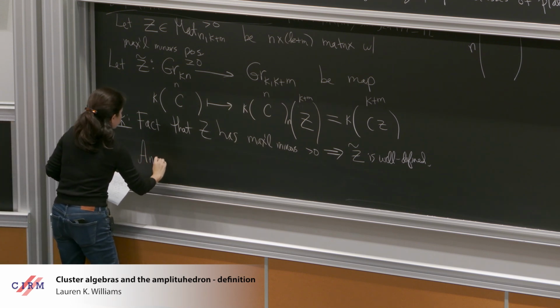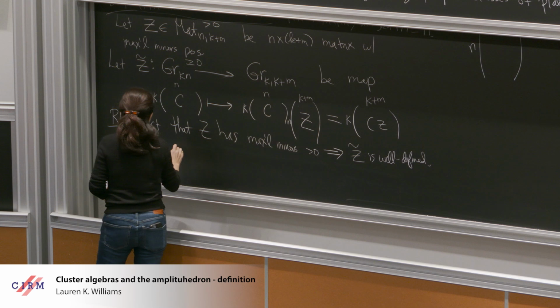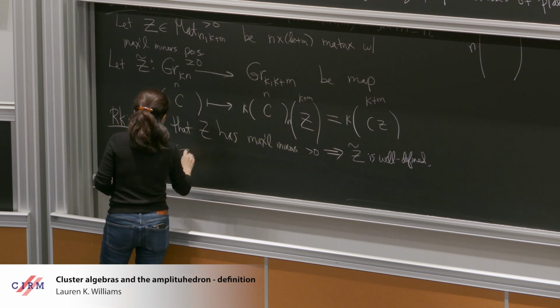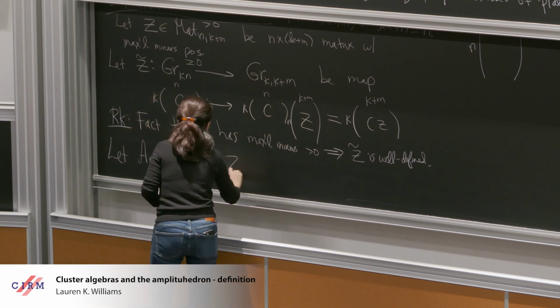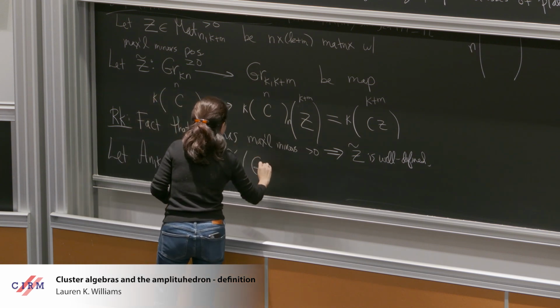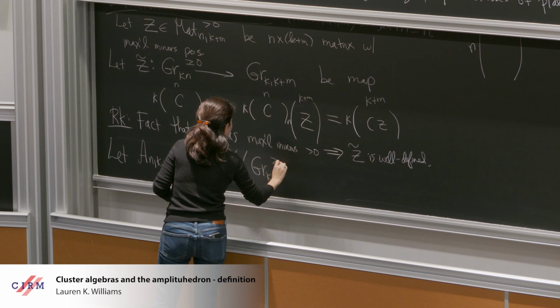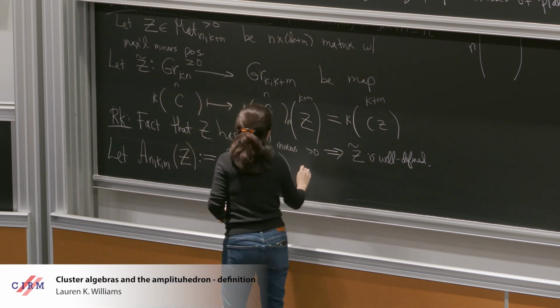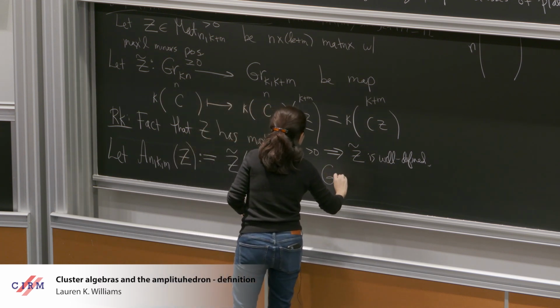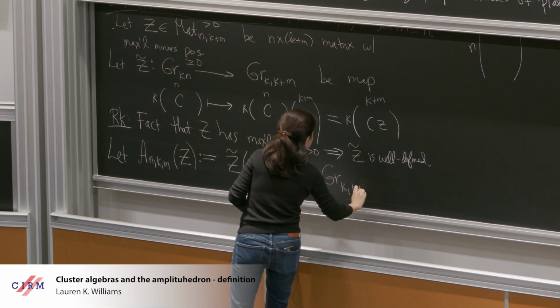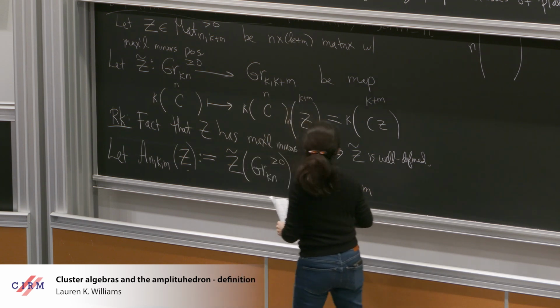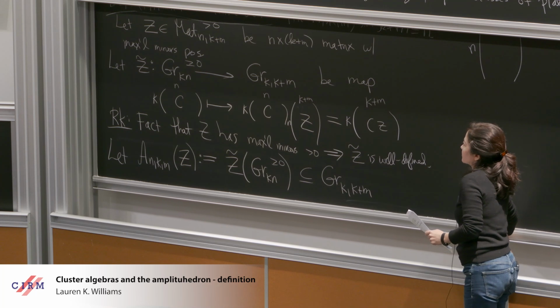So the amplituhedron, which depends on these three numbers n, k, m, together with the matrix Z, is by definition the image of the Tn Grassmannian under this map. And so this is going to be a subset of the Grassmannian of k planes in k plus m space.